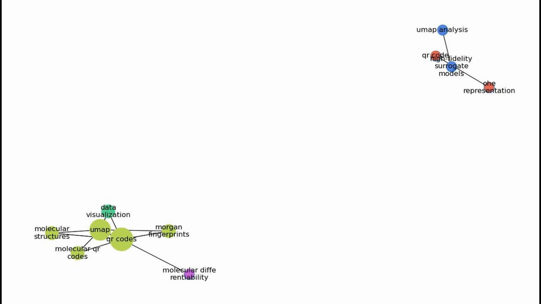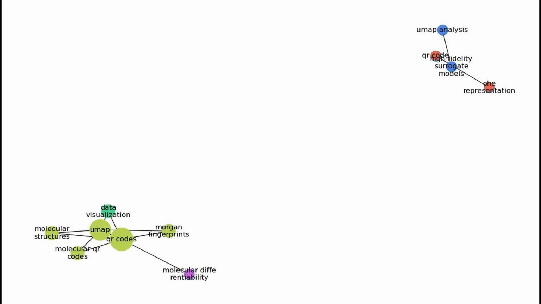This means that molecules with similar topological features are grouped together, suggesting that the QR code residue captures important structural similarities effectively. The larger spacing between these clusters indicates that the differences between various molecular structures are well represented, making it easier to differentiate them.